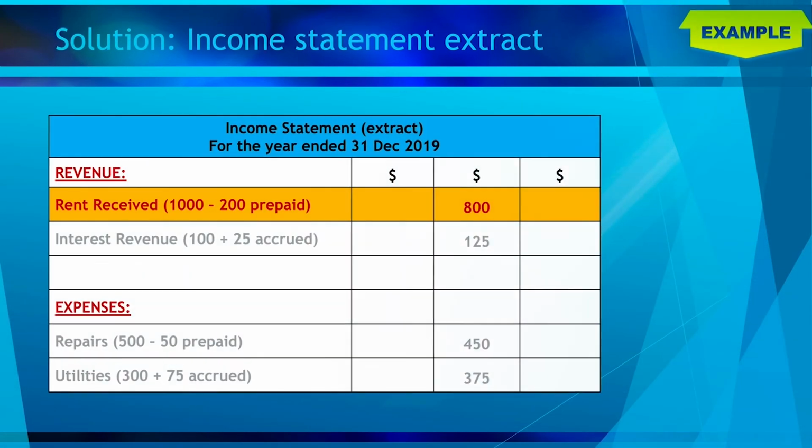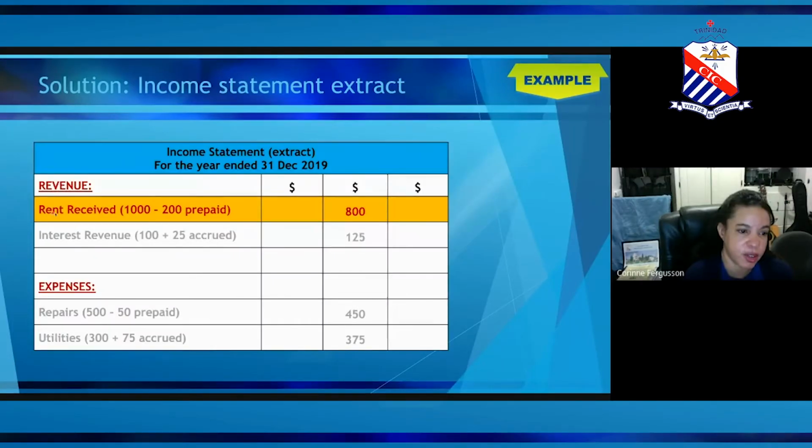Since this is revenue, you have it here. Rent received, you're working, open brackets, 1,000 minus the prepayment 200, answer in the column 800.